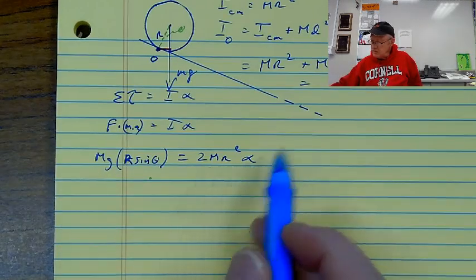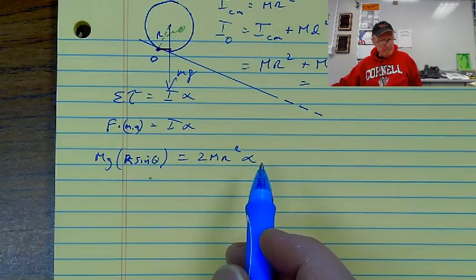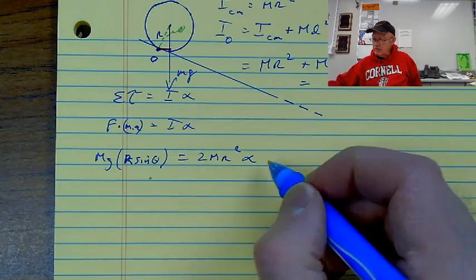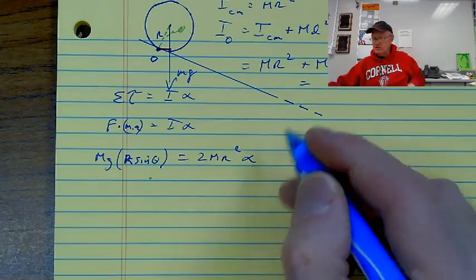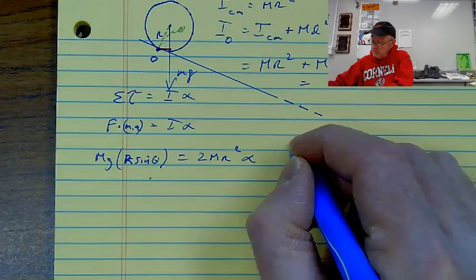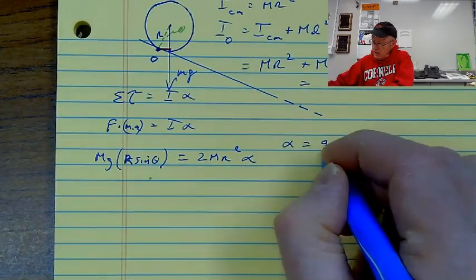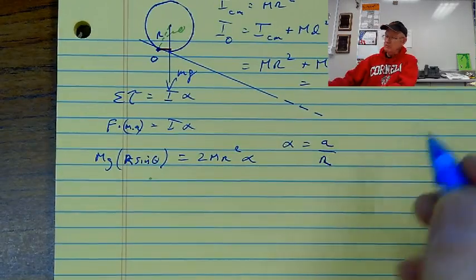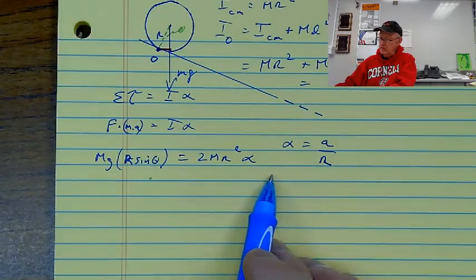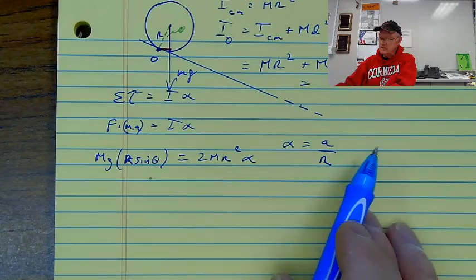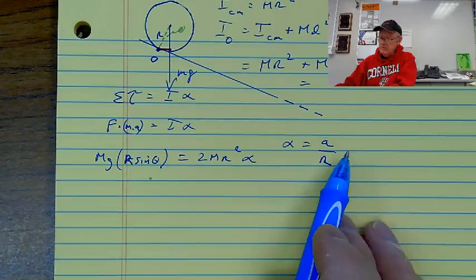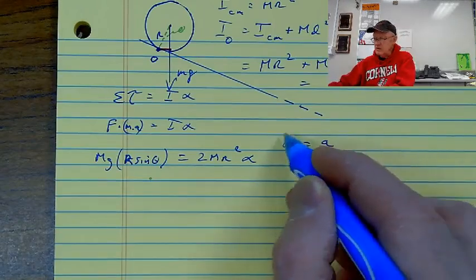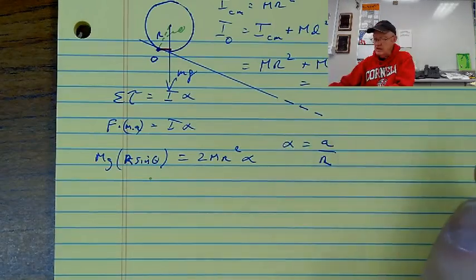Okay, but now we can do our rolling motion piece. Alpha is equal to a over R. So I can replace alpha with a over R. That's a point. It's funny, that is very frequently showing either alpha equals a over R or a equals alpha R, or the equivalent for v, v equals R omega, things like that.